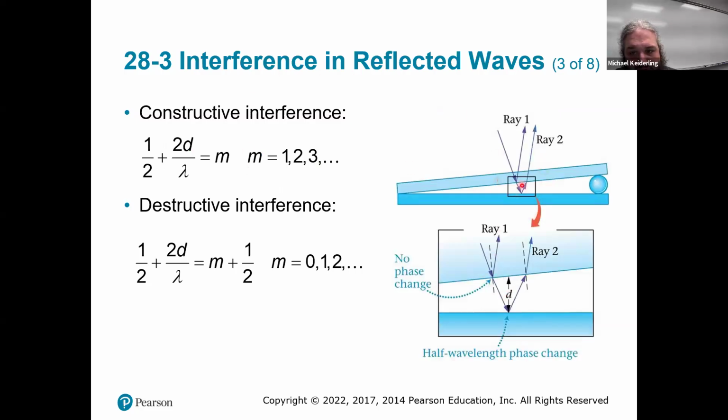And if you have light coming in at an angle and reflecting out, there's no phase change here, there's a half wavelength here, and then they can come out.